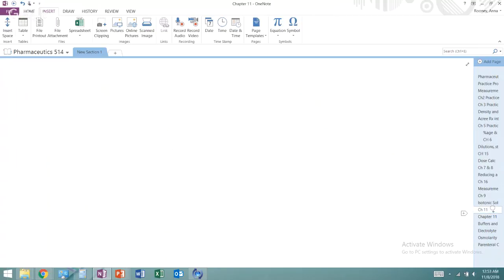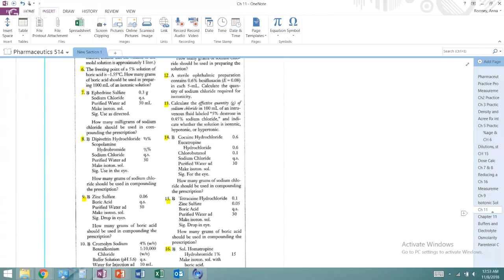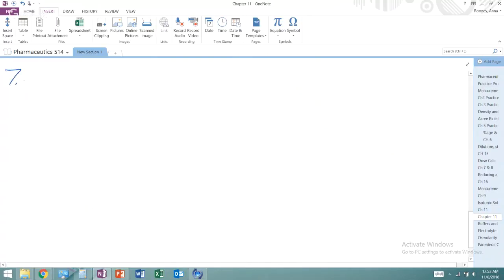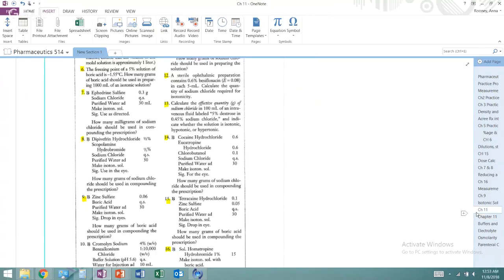Okay, let me see what the next one is. All right, 7. So for 7, I like to rewrite what you would call the prescription, but prescription is what is dictated. That is literally what it means in Latin, the dictate of the doctor. But I like to call this a recipe. Really, it's just cooking.